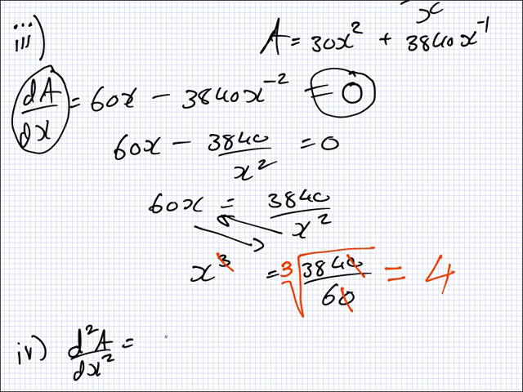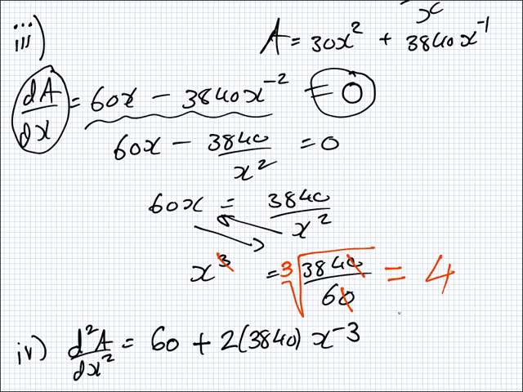So the second derivative will be 60 plus 2 times 3840 x minus 3. You differentiate this again, and then you sub in the 4 and you get a positive. And a positive second derivative means it's a minimum.